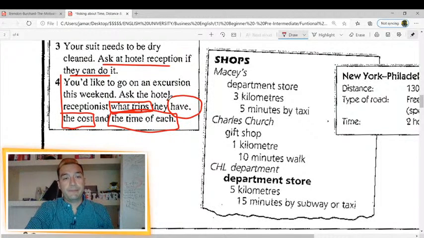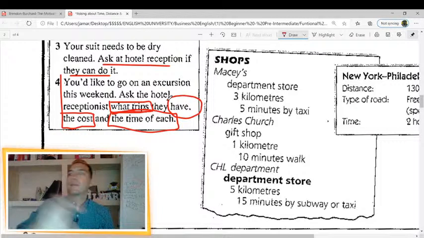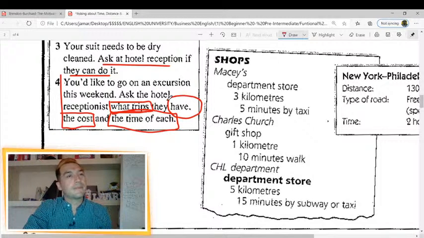Repeat the complete question. What trips do you recommend? Do you want the rest? More info? What info do they give you right there? The situation is the rest. What situation did they put right here? To go on excursion. That's right. This weekend.